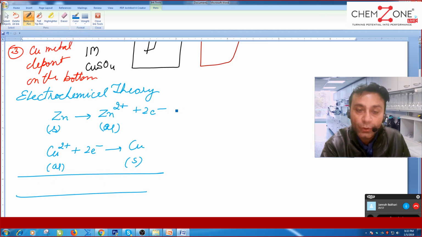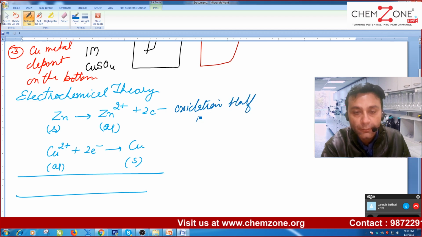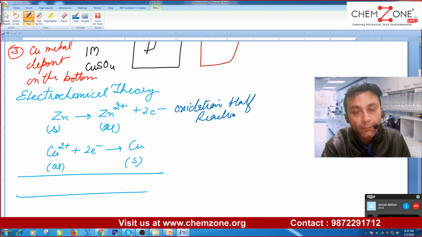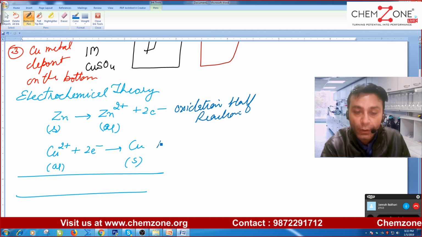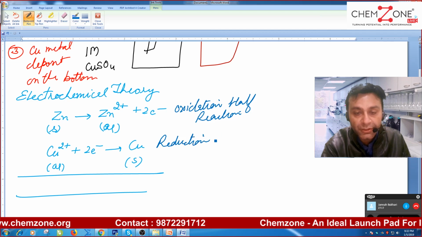What is loss of electron called? Oxidation. So I can say this is an oxidation half reaction. And the gain of electron is called reduction. So I can say it's a reduction half reaction.